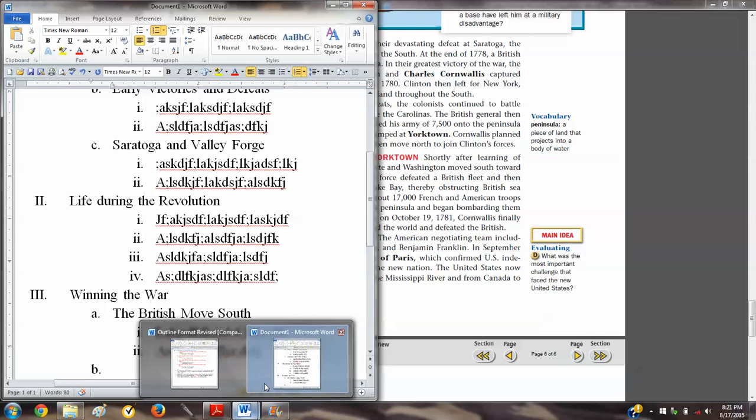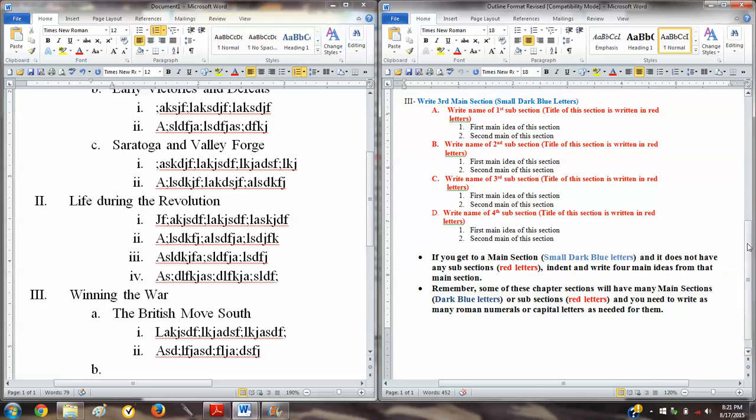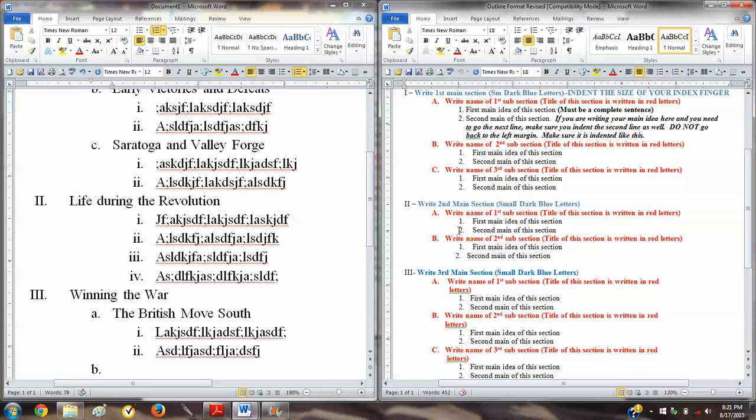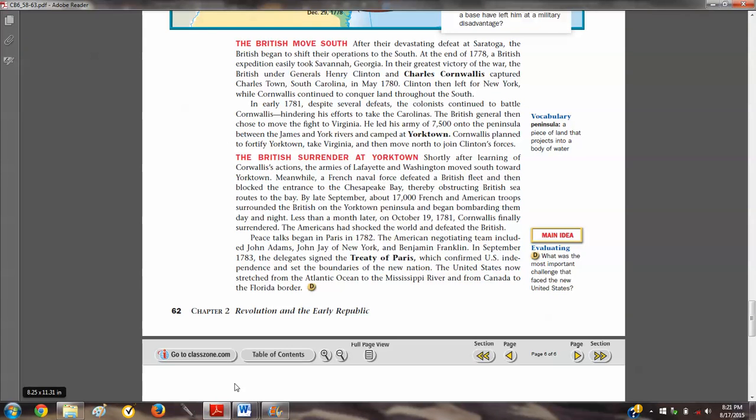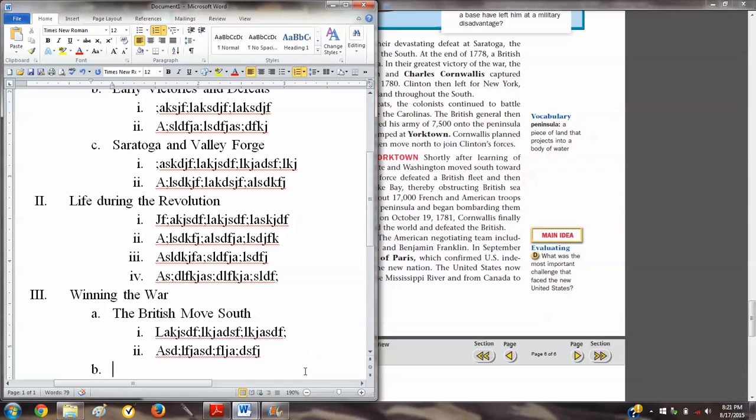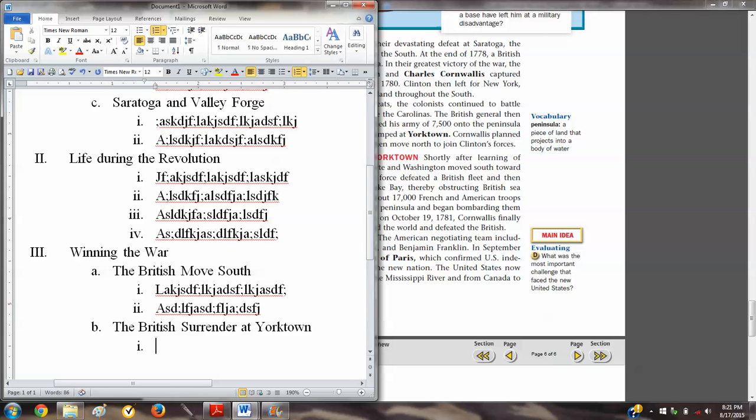The outline format said that once we get Roman numeral 2 and we have the subsections, in this case we didn't because we have the 4 main ideas, and with Roman numeral 3, write the main section, A, B, C, and so on. So is there a B? Let's go here. Yes, it is. The British surrender at Yorktown. So then that means here, the British surrender at Yorktown. Okay, and again, indent, 1 main idea, 2 main ideas.